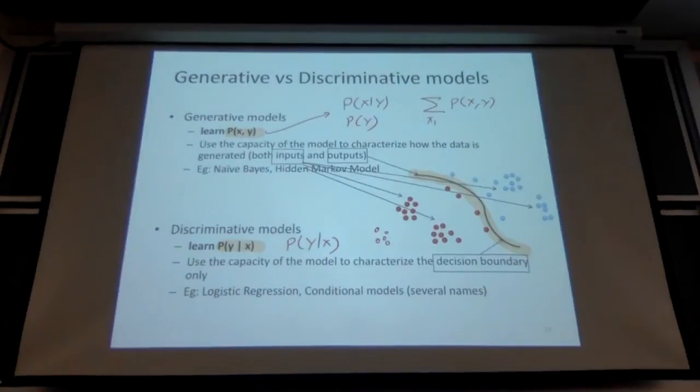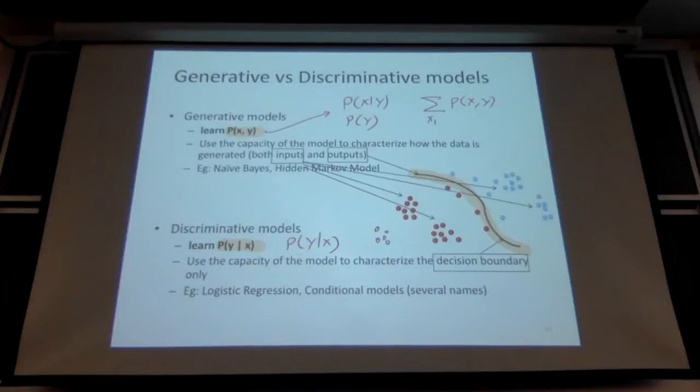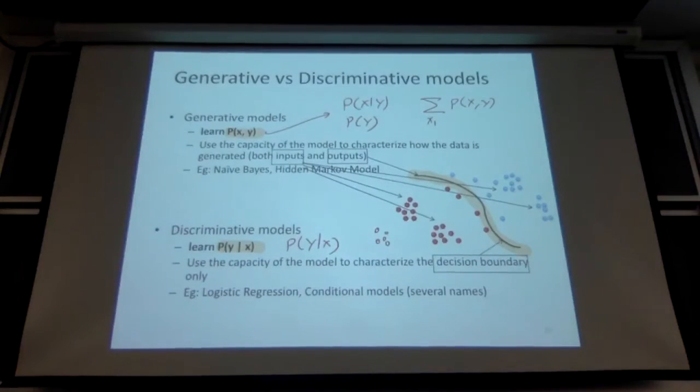You can do all sorts of fancy stuff because you have the full probability. Which is why some people tend to like generative models, because they give you a more powerful set of tools. The problem is you are learning a lot more, which means you need a lot more data to get equally good, because you're basically learning the full distribution.